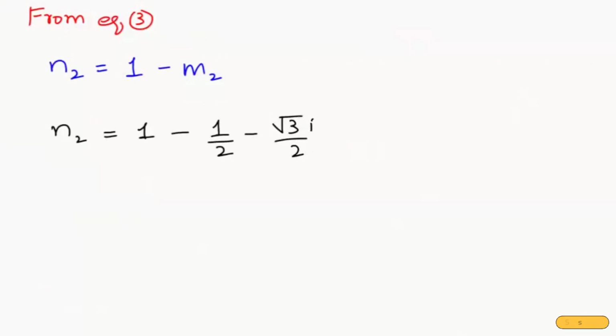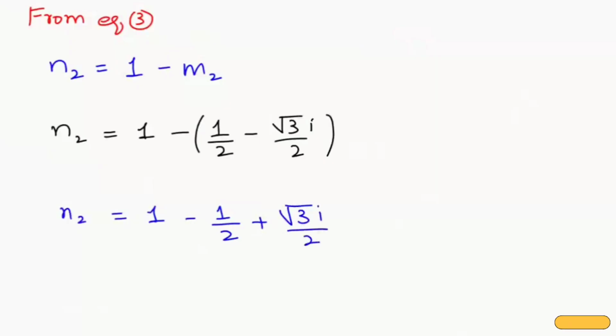I'm going to solve this by multiplying the negative sign. So for the n2 value we have minus 1 over 2 and minus 1 is plus root of 3 iota over 2. Now here I'm going to take LCM.